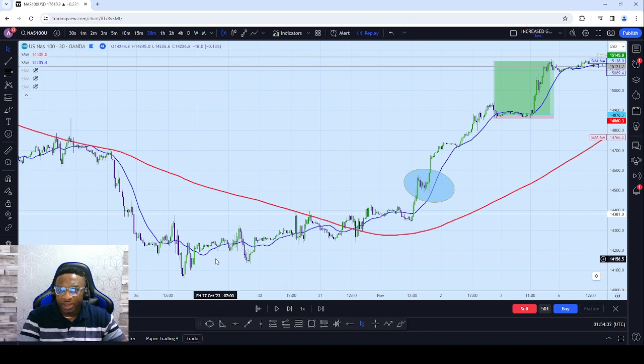So over here, this is on the 30-minute time frame. On the 30-minute time frame, we have something similar here, where price got pushed up to this level and then dropped again. So there was a decline here, price got held up here.